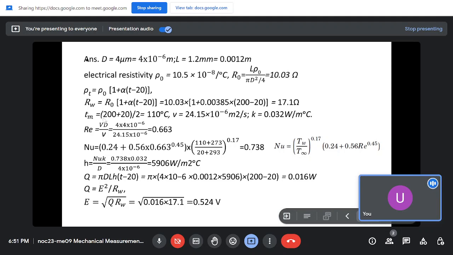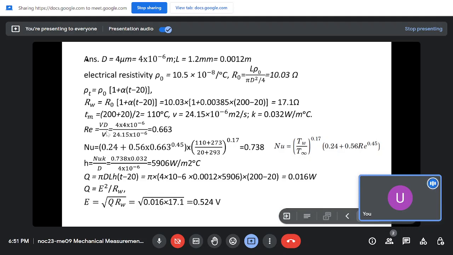So for the mean temperature for calculating the Reynolds number, the platinum wire is at 200 degrees Celsius and the fluid is at 20 degrees Celsius. So we use mean values to calculate the fluid properties. For a mean value of 110 degrees Celsius, we get nu, the kinematic viscosity, as 24.15 into 10 power minus 6 meter square per second, and the thermal conductivity is 0.032 watt per meter degree Celsius.